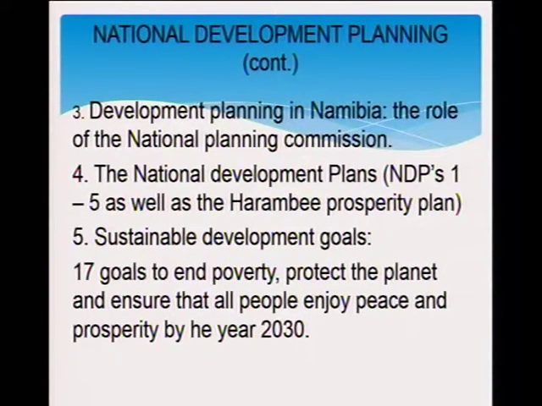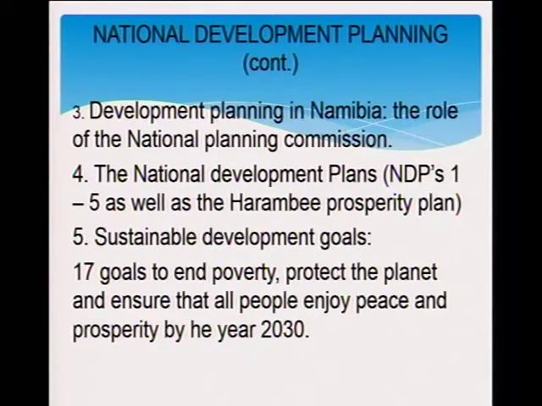And in the context of Namibia, there's the NPC. The NPC is the National Planning Commission, which we need to look at. And the NPC has rolled out 5 plans to date. NDP 1, starting from independence, and now we have NDP 5. So I'd like you to get the document, which is on the internet. NDP 1, NDP 2, NDP 3, NDP 4, NDP 5, and there's also the HPP, the Harambee Prosperity Plan.